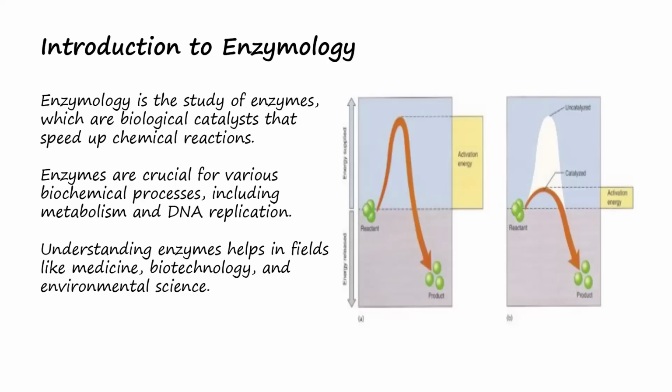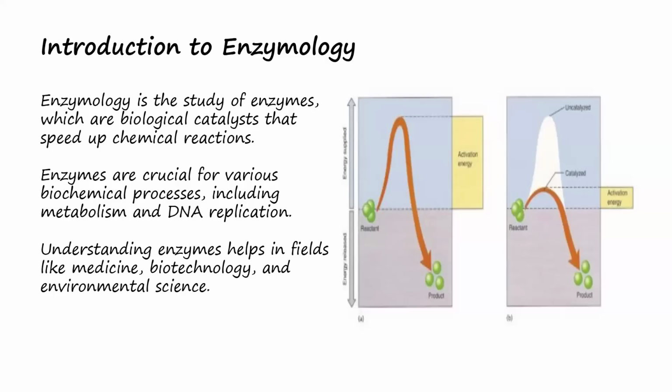And these enzymes are crucial for various biochemical processes, including metabolism and DNA replication. When we say metabolism, it is the sum total of all reactions that are taking place in the body, which include anabolism, catabolism, and amphibolism.